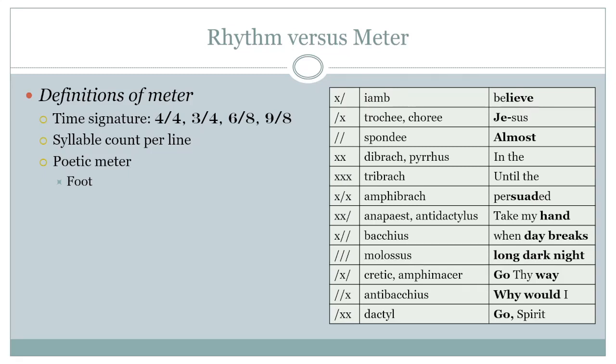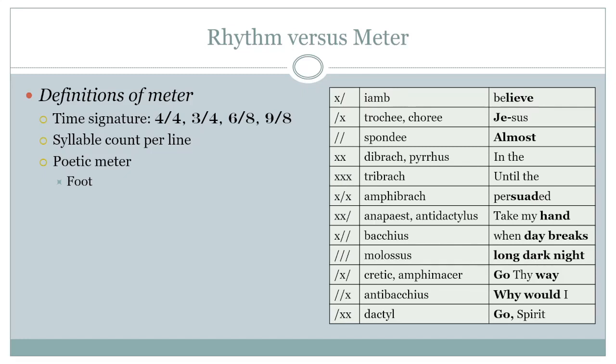"Almost" could be like "believe," or it could be "almost," or both could be accented. "Almost persuaded" kind of has an accent on both of those. And so you can see that sometimes words aren't just one thing, but whenever you put them into a rhythm, they will adopt that emphasis or that foot, and so forth.